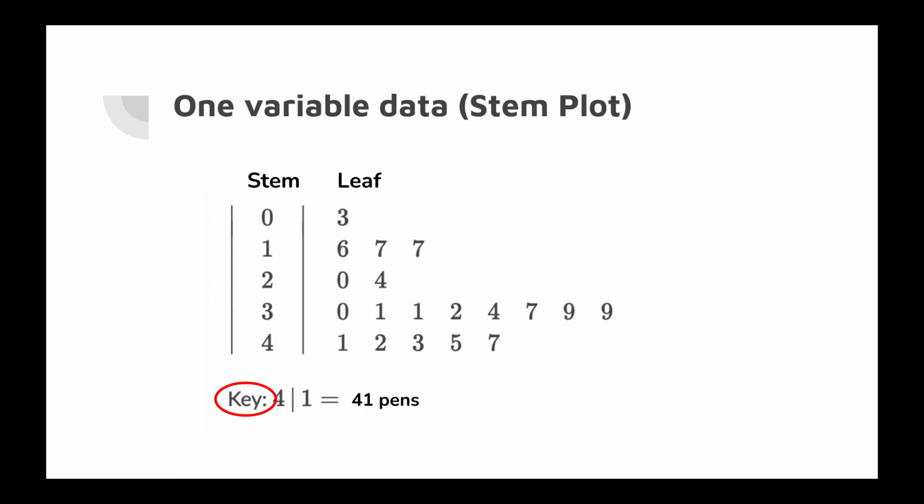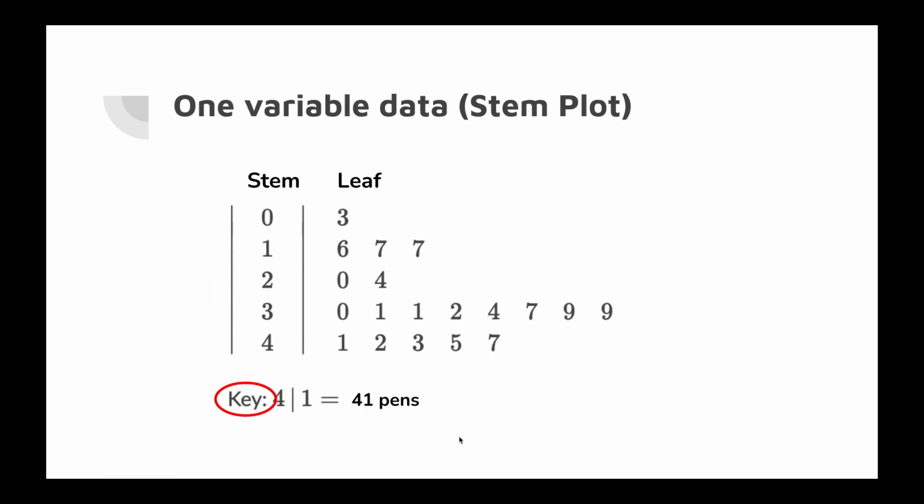Usually the stem represents the tens digit of the number and the leaf represents the ones digit. So for example, the 1 and 7 represent 17, and this data right here represents 39.